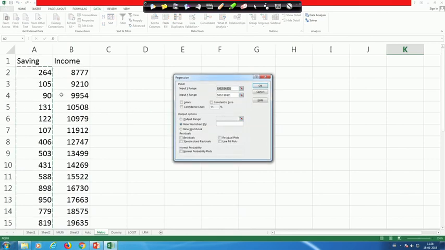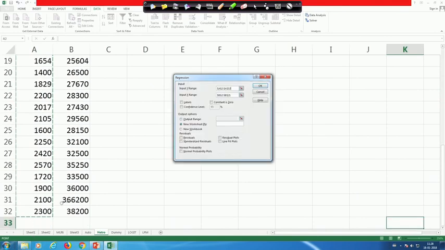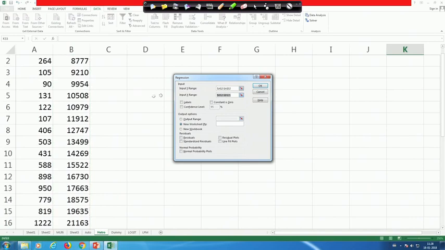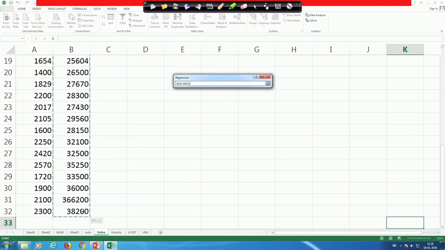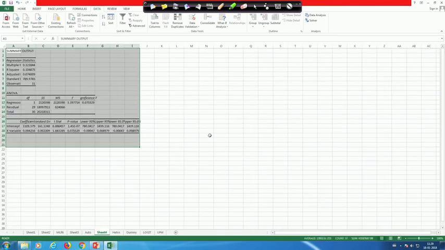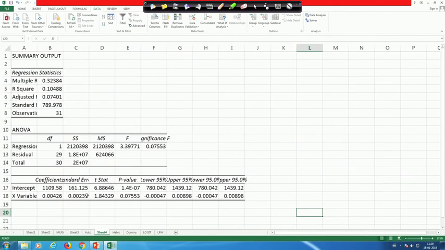In this particular problem, saving is the dependent variable, and it typically depends upon income, so we specify income as the independent variable. We run the model, and after getting the estimated model we find that saving and income are positively related to each other, and the alpha intercept is coming 1109 and the beta coefficient is coming 0.004. This gives the estimated structure.